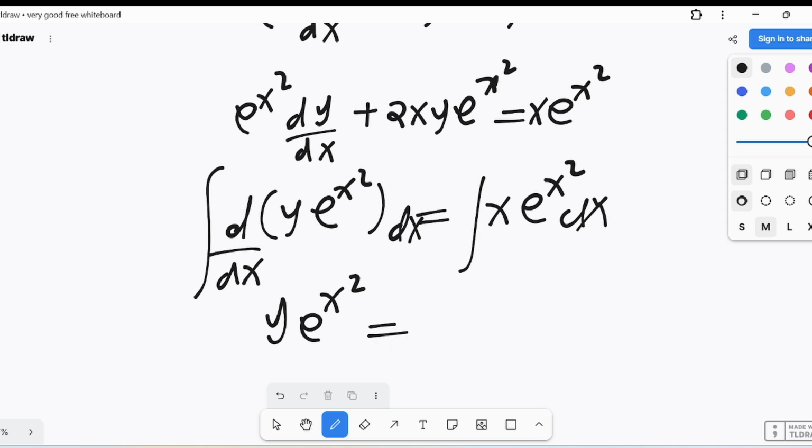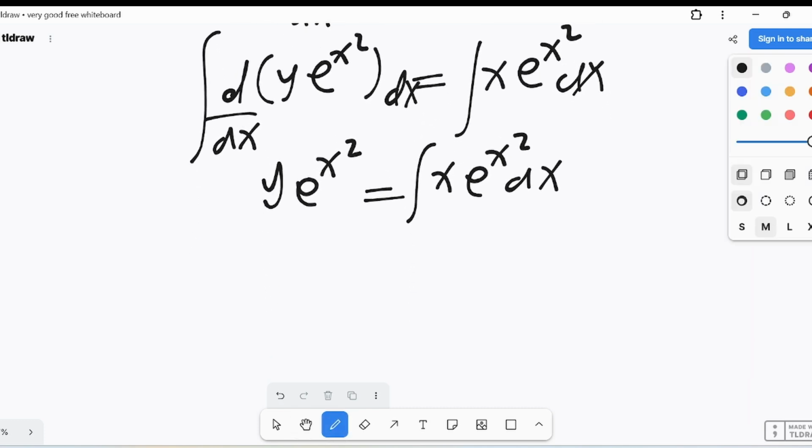Now you go ahead to integrate this other side. So how do you integrate that side? I didn't want to drop it just right away. Let us do it in a procedural way. In a procedural way, we let our u equal to x squared. Differentiating this, you get du dx is equal to 2x.